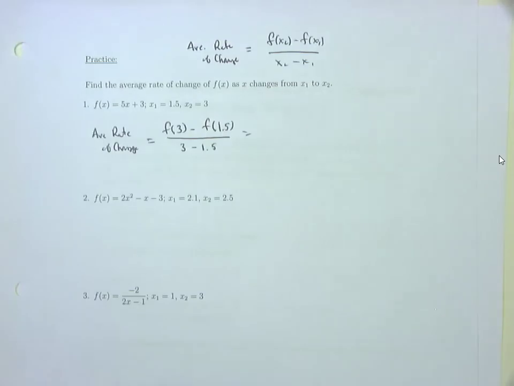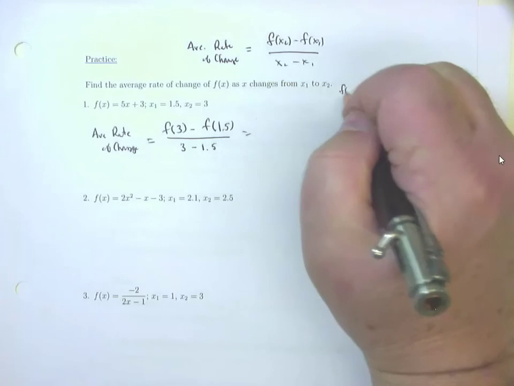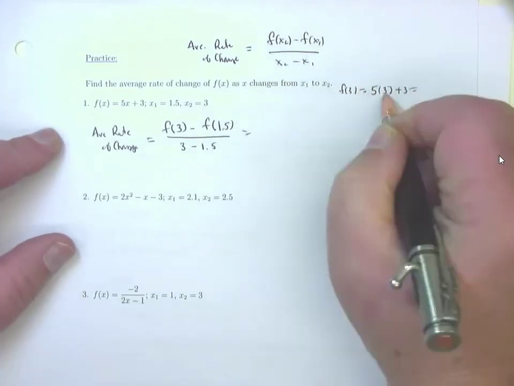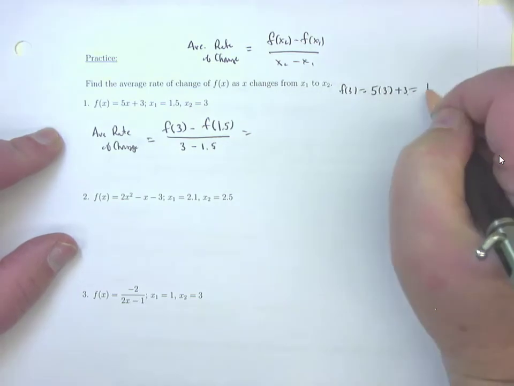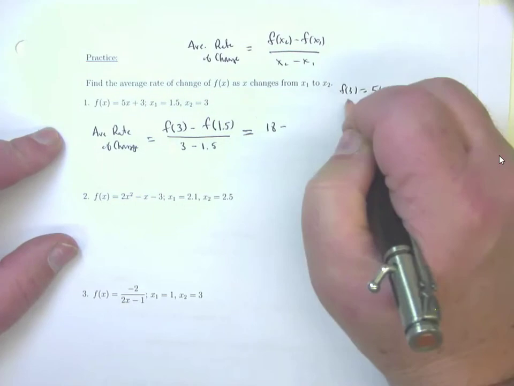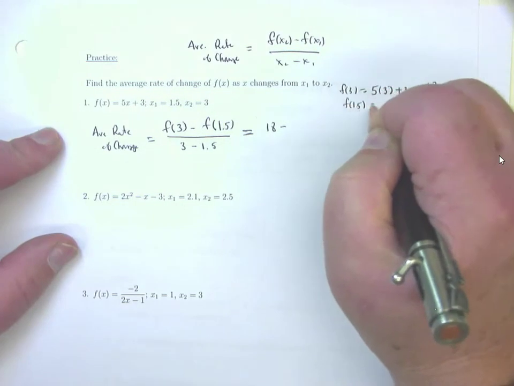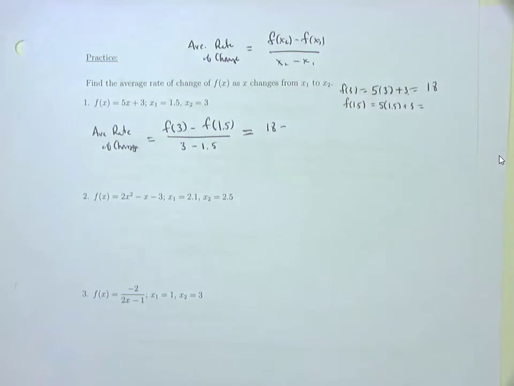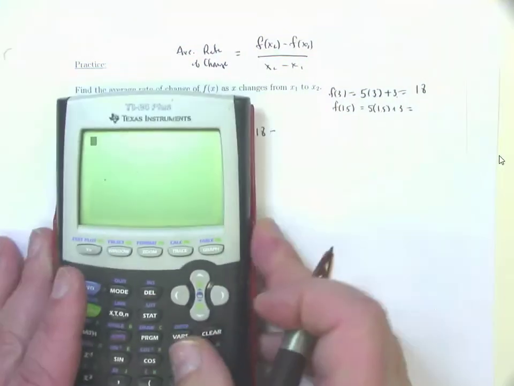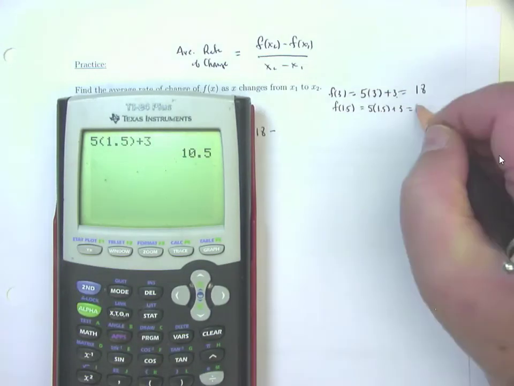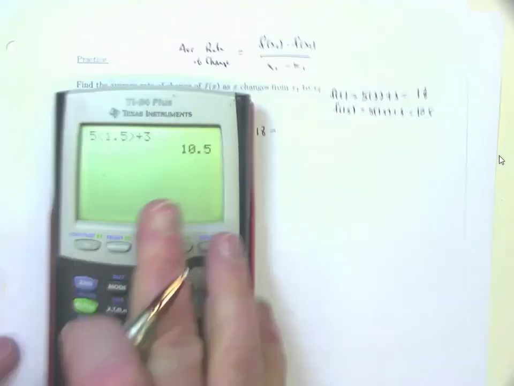Now, plugging this stuff in this problem, f of 3 would be equal to 5 times 3 plus 3. 5 times 3 is 15, plus 3 is 18, so this is equal to 18 minus f of 1.5, which will be 5 times 1.5 plus 3. I'll do that one on the old calculator here. 5 times 1.5 plus 3 is 10.5. So here we go.